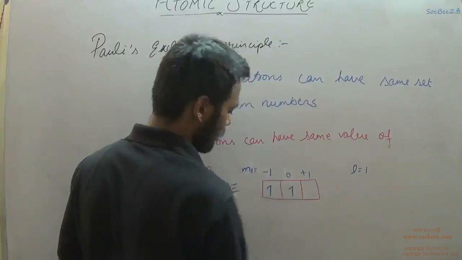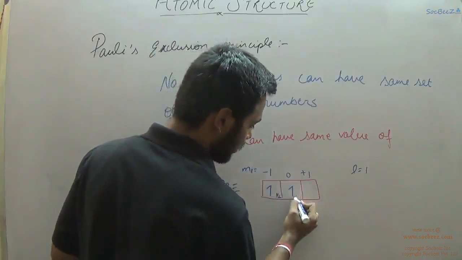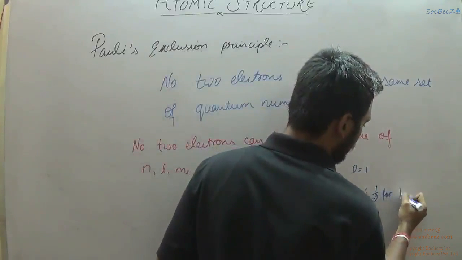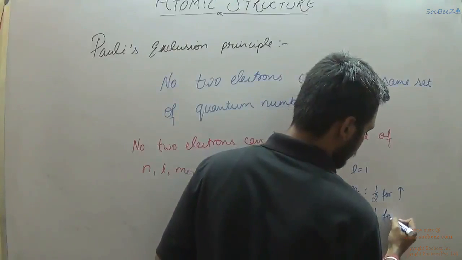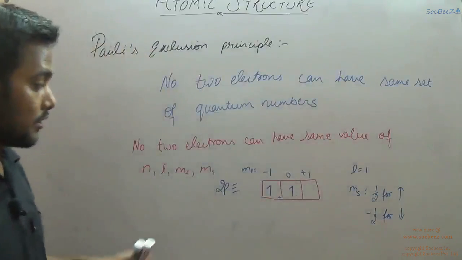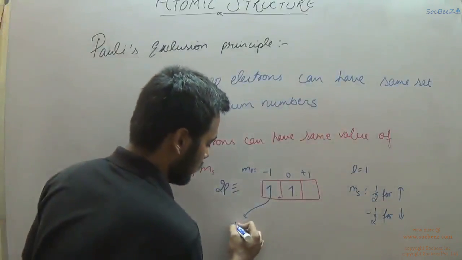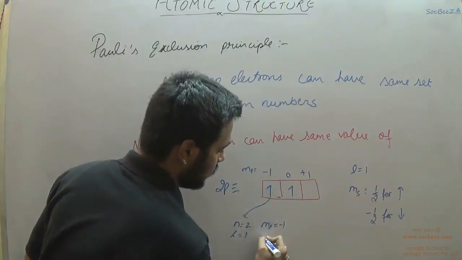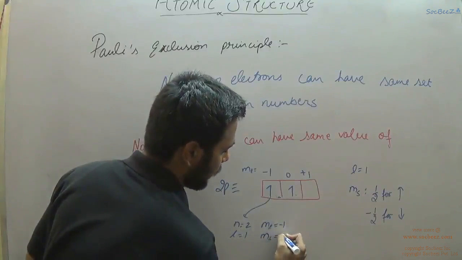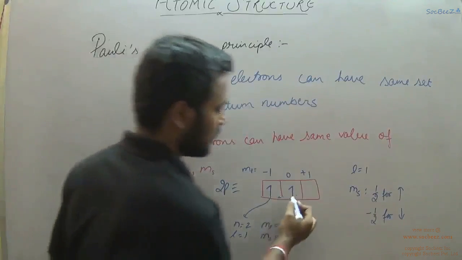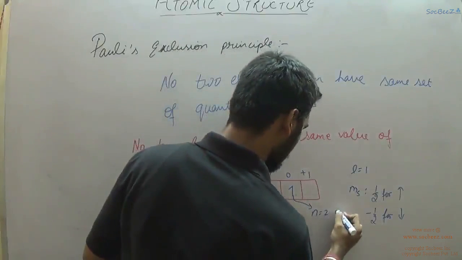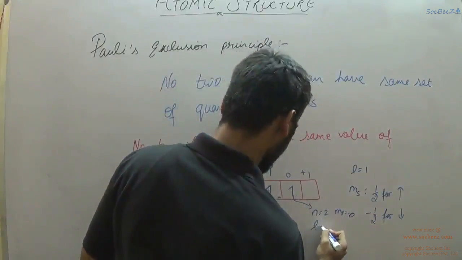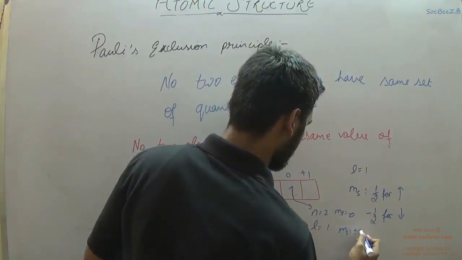And s here is half: up spin means ms is plus half and downward spin means ms is minus half. So for this electron, n equals 2, l equals 1, ml equals -1 and ms equals plus half. Whereas for this electron, n equals 2, ml equals 0, l equals 1, ms equals plus half.